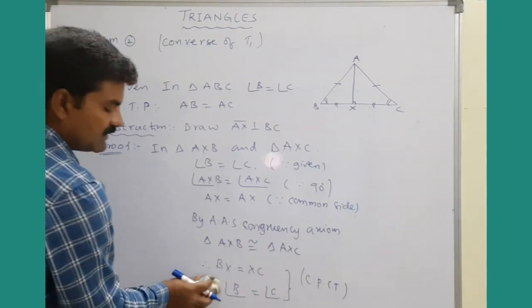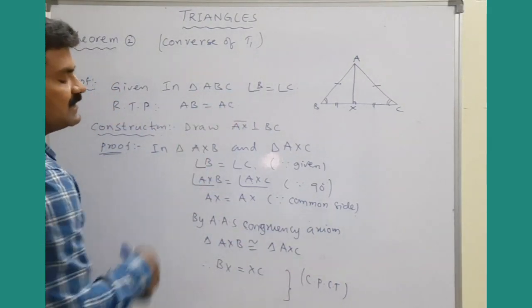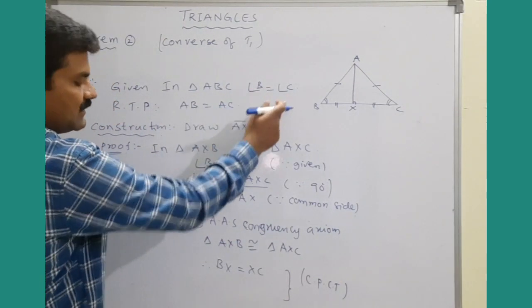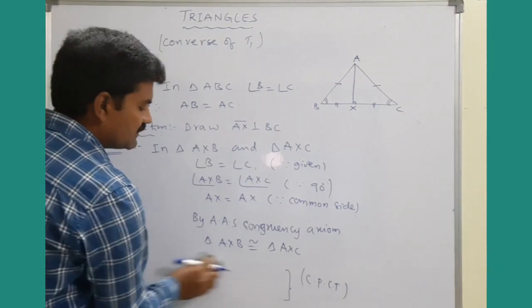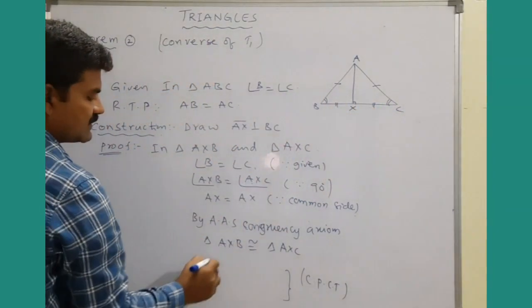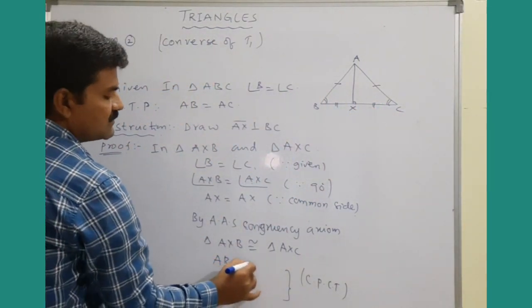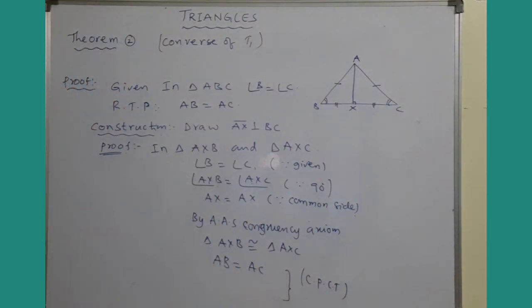Now I don't want the corresponding angles, because it is already given in the statement that angles are equal. If these angles are equal, I can say that AB is equal to AC. Sides opposite to the equal angles are also equal.